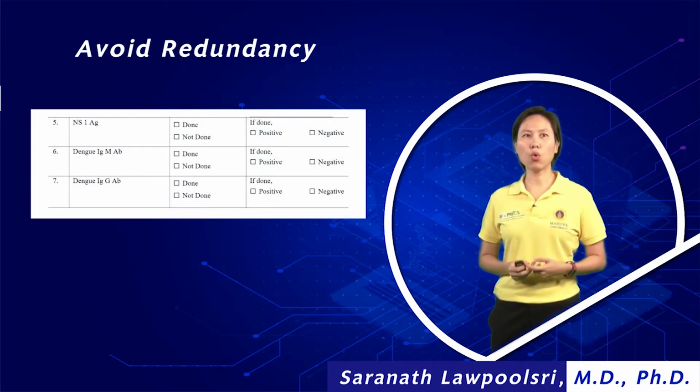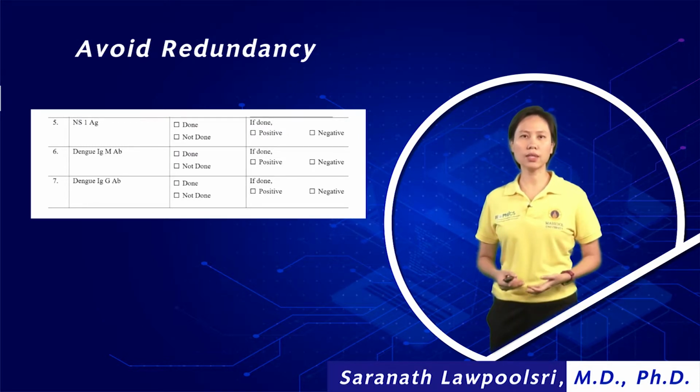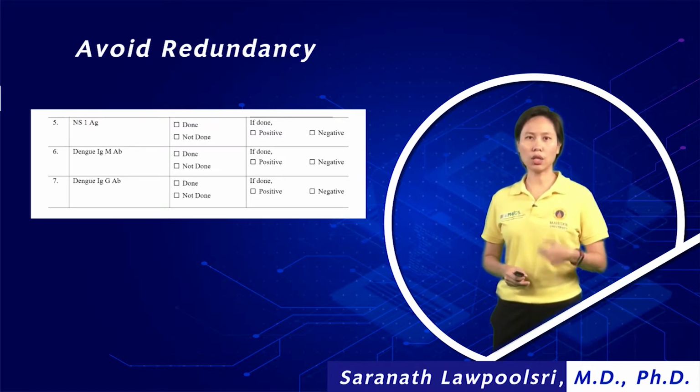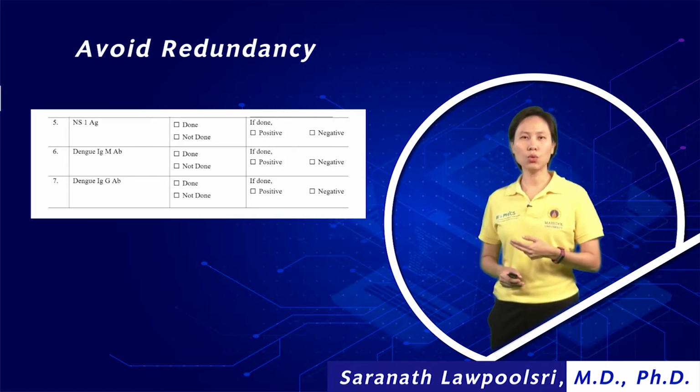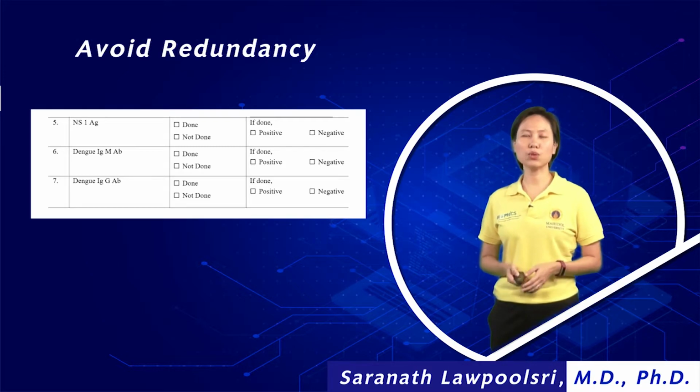And again, avoid redundancy. This example shows that when people get tested for NS1 antigen, there's one question asking whether done or not done, and if done, what is the result: positive, negative. In this case, we can rearrange the CRF.